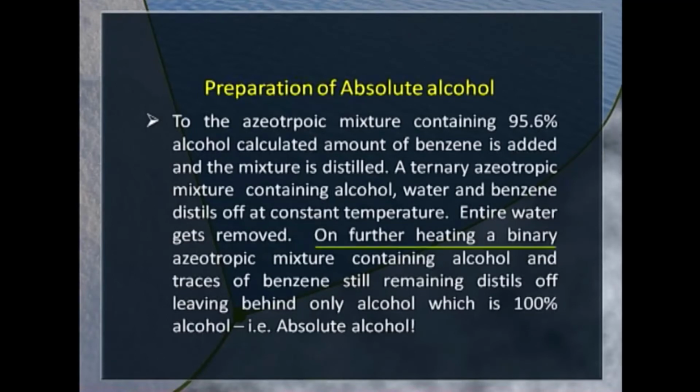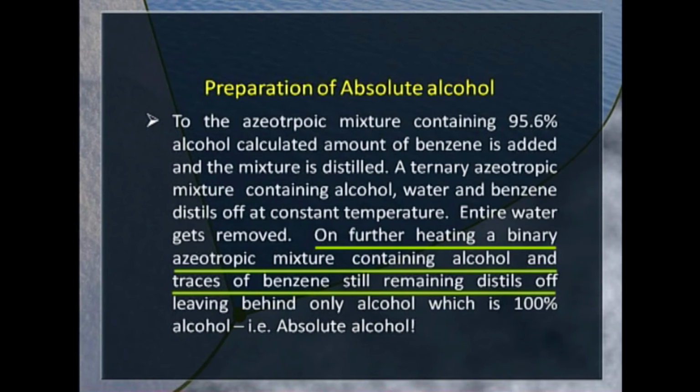Alcohol and a small amount of benzene, which is deliberately added in excess in order to ensure that all the water is removed. On further heating, this binary azeotropic mixture starts boiling, and a binary azeotropic mixture of alcohol and benzene distills off, taking away all the benzene, leaving behind 100% alcohol. That is our absolute alcohol.